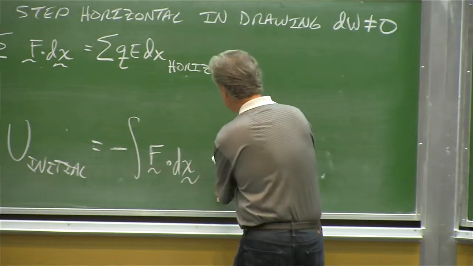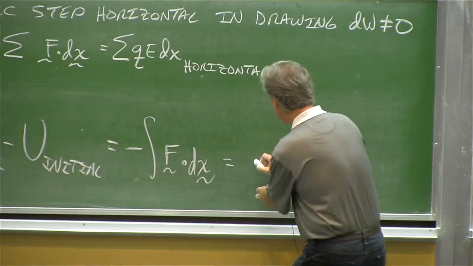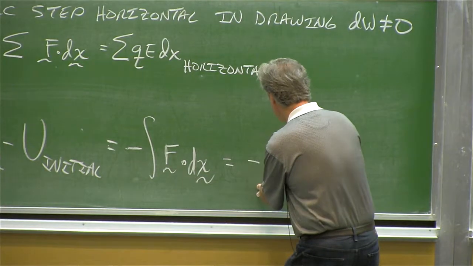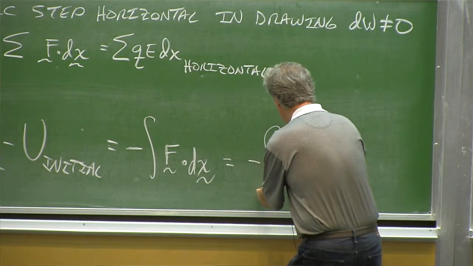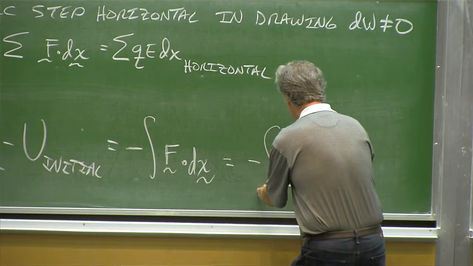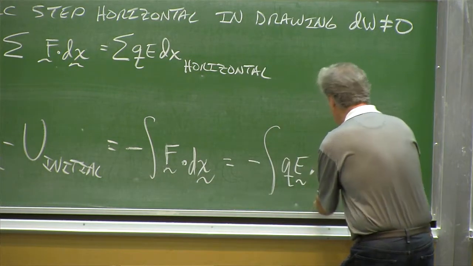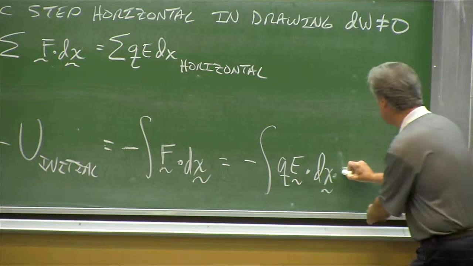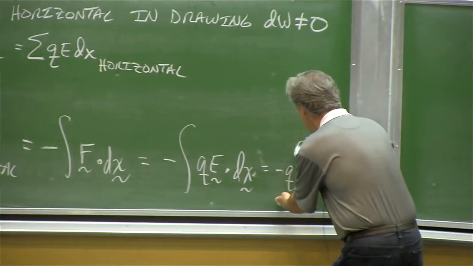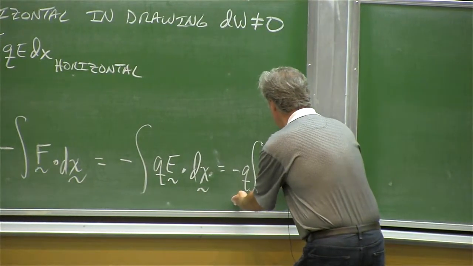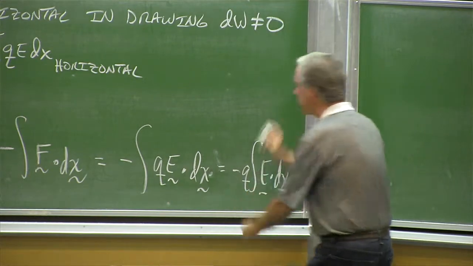Let's just take a look here. So that says that's going to go to minus integral q E dot dx, minus q integral E dot dx.